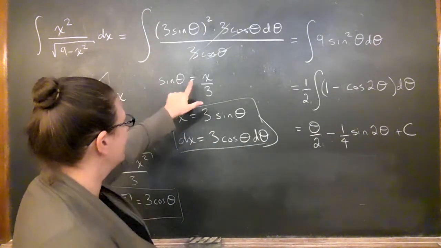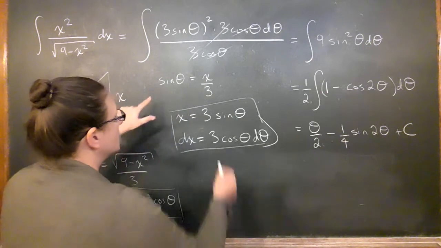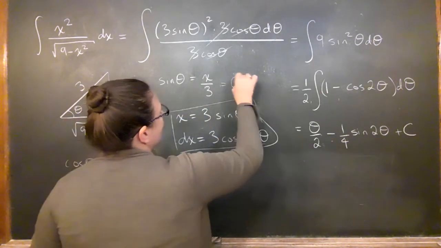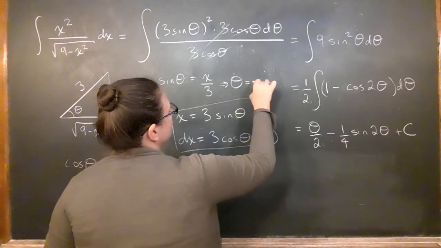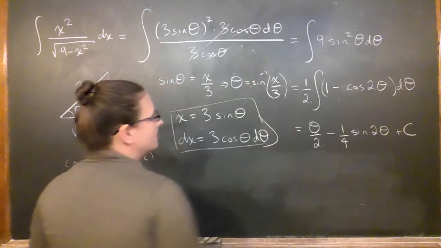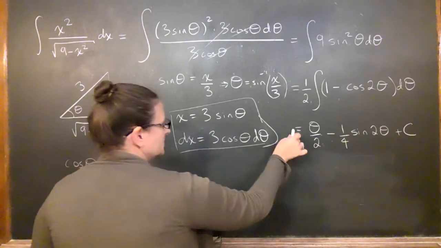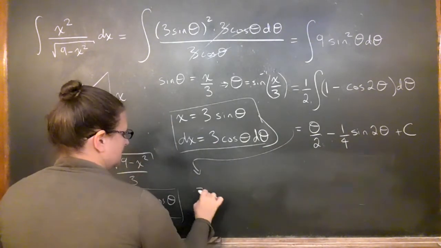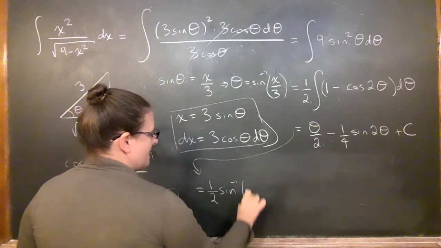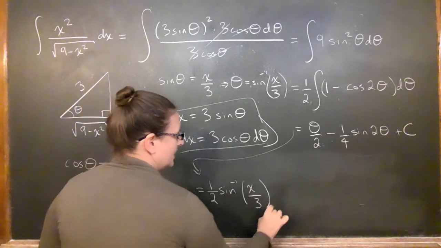I know that sine theta is x over 3, so I can notice that if I do inverse sine on both sides, I'll get theta equals inverse sine of x over 3 here. Okay, so I'm going to need some space. I'm going to pull this down here. So this is going to be 1/2 inverse sine of x over 3.